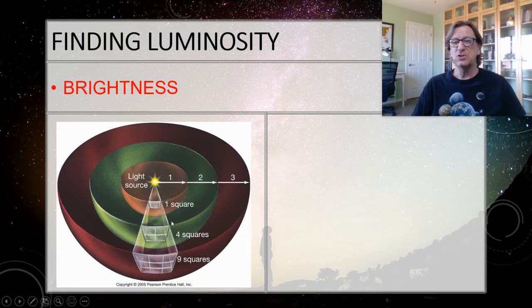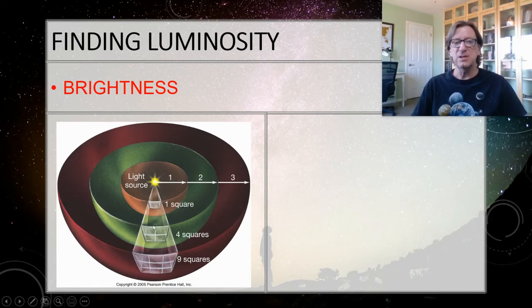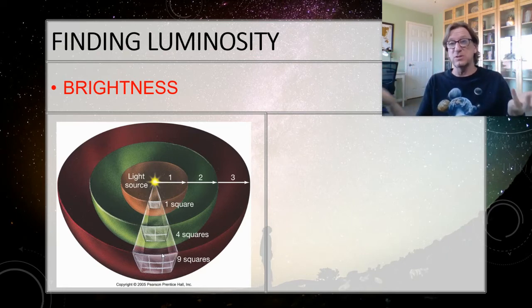If I go 2 AU away, remember, all the energy is in that cone and it's spreading outward. So that energy is now spread out not over 2 squares, but over 4 squares. So it's the distance squared. As I go to 3 AU away, it's spread out over 9 squares. So the further away I go, the fainter the star appears.